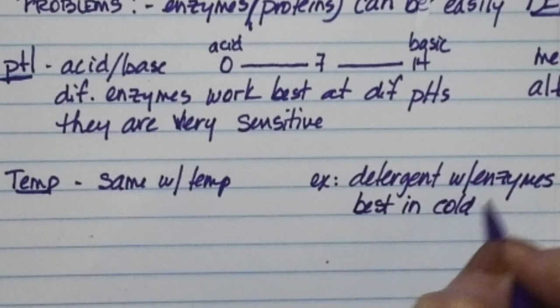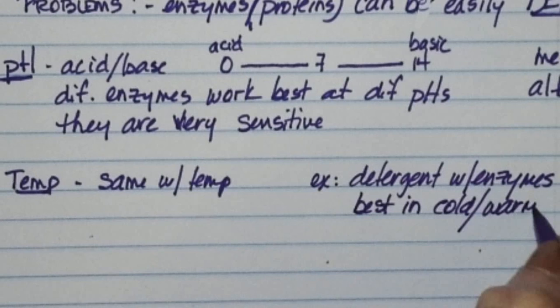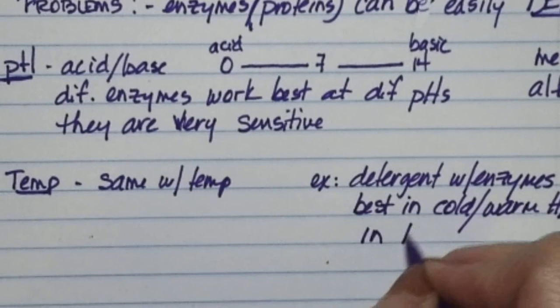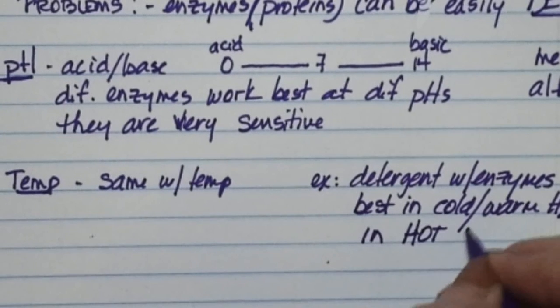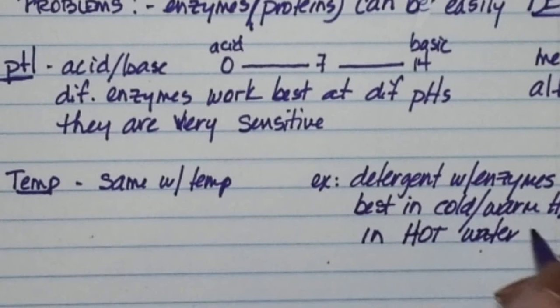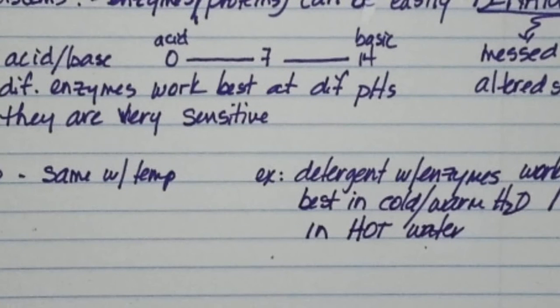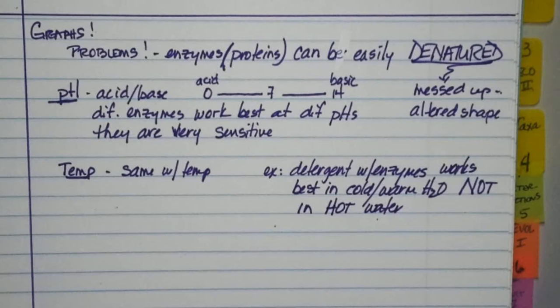Not in hot water. Because what happens is you get the water too hot and the temperature breaks down the structure of the enzyme where it's not going to function anymore. It doesn't work anymore at all. It won't be able to break down that ketchup stain that's on your shirt.